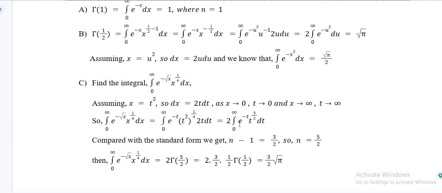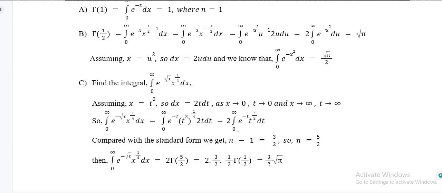So it simply comes here that e to the power minus of t and t to the power half into t, so 1 plus half, this is 3 by 2: t to the power 3 by 2 dt. Now when this is in this form, we can say this is in the form of a gamma function.